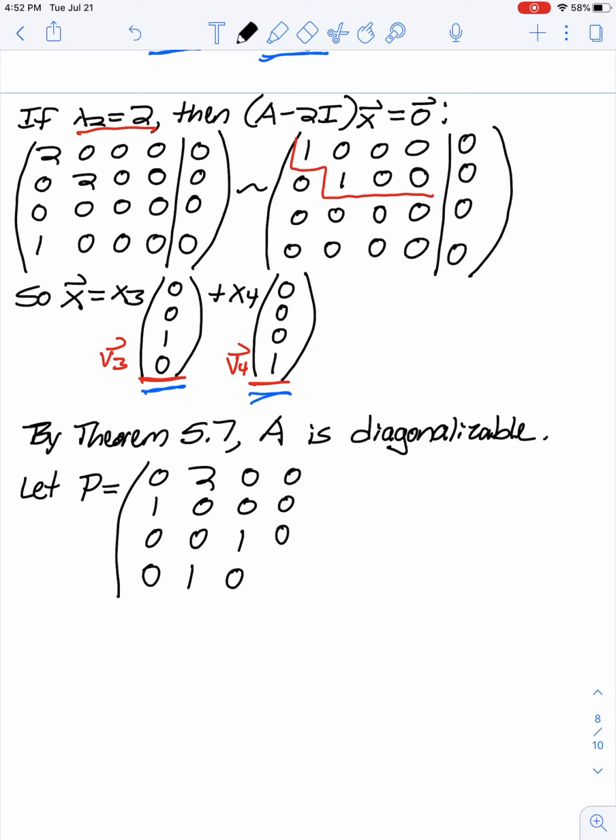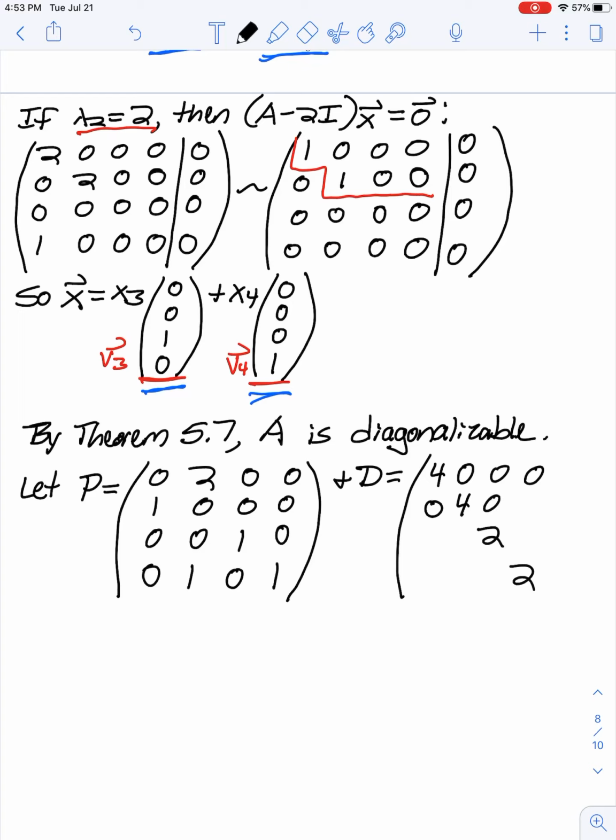And V4 was 0, 0, 0, 1. And then D is the diagonal matrix whose entries are our eigenvalues, which were 4, 4, since we had multiplicity 2, and 2, 2, since 2 was an eigenvalue of multiplicity 2. And all other entries are zeros.